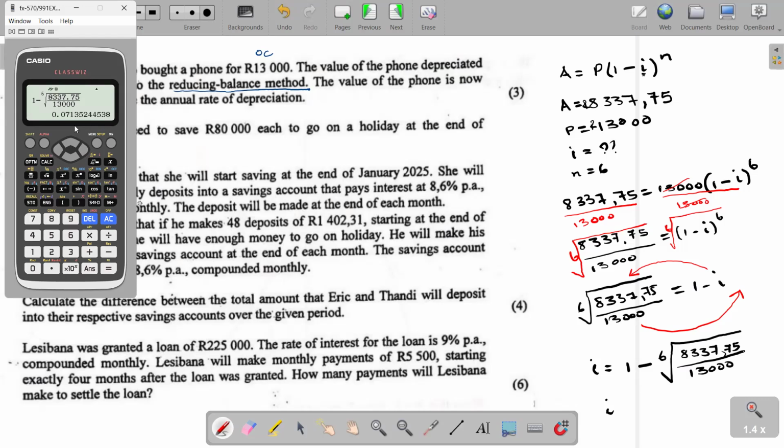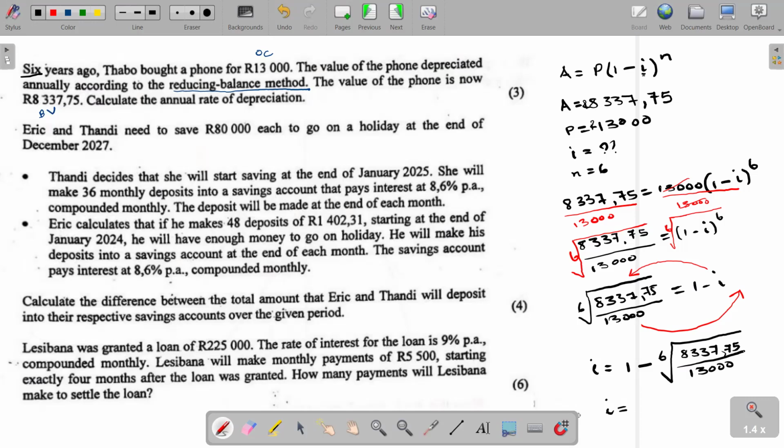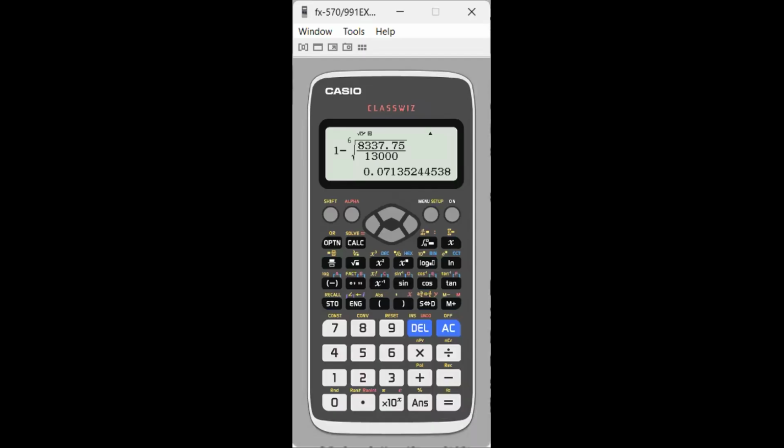So we are getting I to be equal to 0.07135071335.